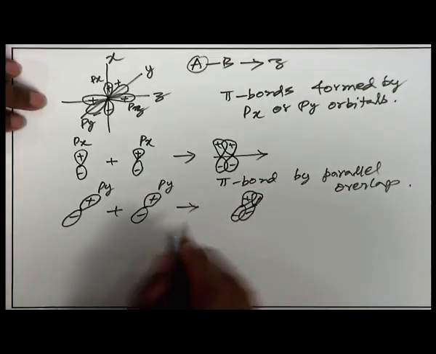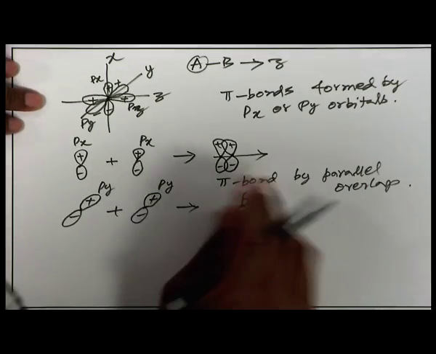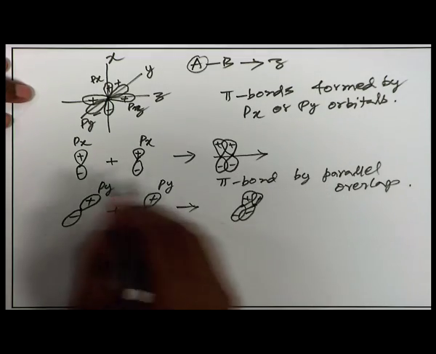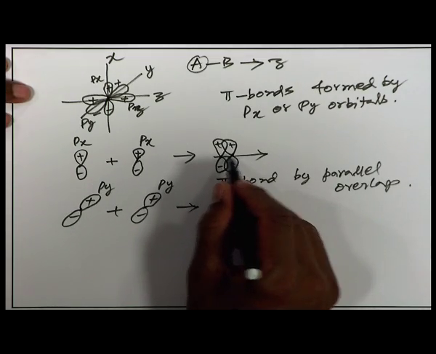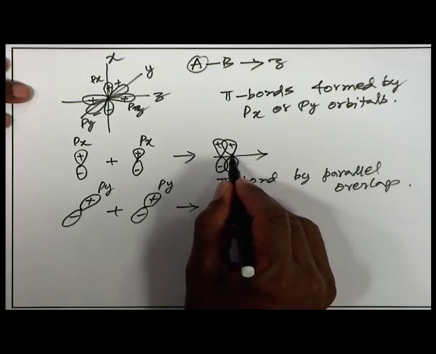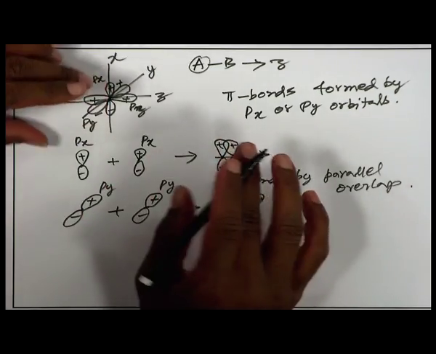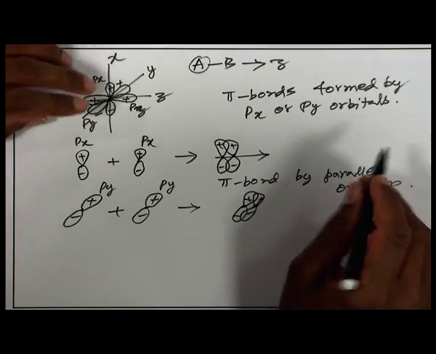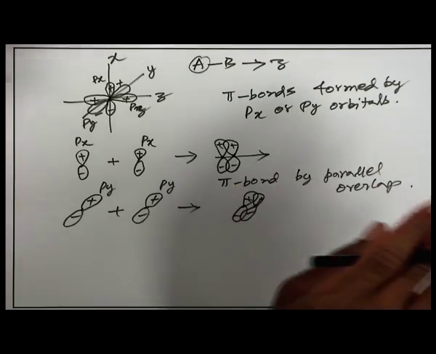Here the overlap is less, as a result the bond strength is lower compared to sigma bonds, probably because when they overlap there will be a repulsion between the two nuclei. Here there is a nucleus, there is a nucleus, so they cannot get too close, so the overlap is less compared to a direct head-on overlap, which leads to a stronger bond. But here it is only parallel.